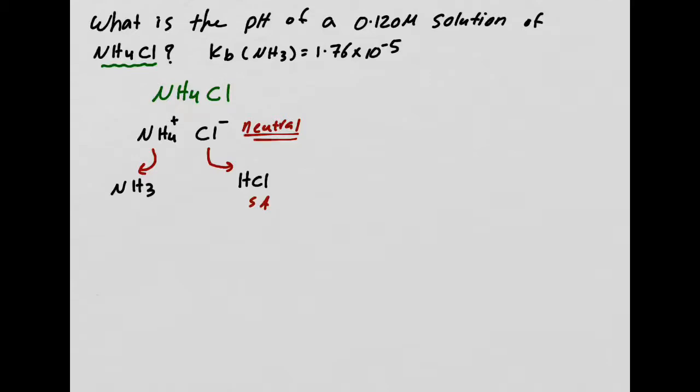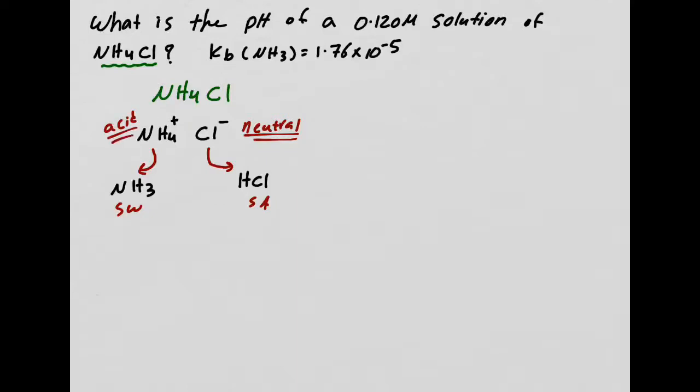Okay? Now let's come over here. Ammonia is a weak base. If I have a weak base, the conjugate is going to be a conjugate acid, right? This is going to be acidic.